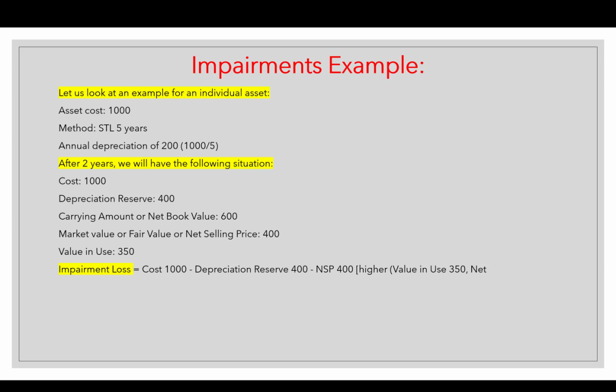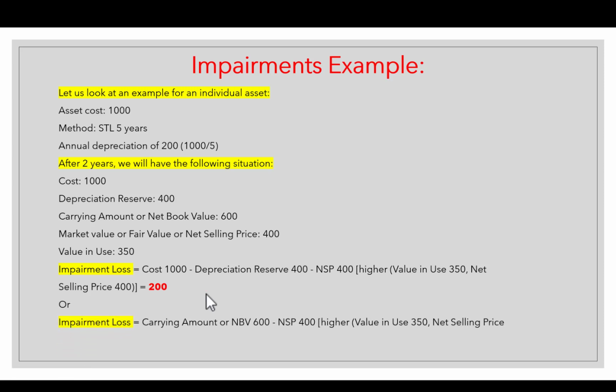350. So the impairment loss equals the cost, which is 1000, minus depreciation reserve 400, minus the recoverable amount, which is the higher of net selling price 400 and value in use 350, so 400, which equals 200.